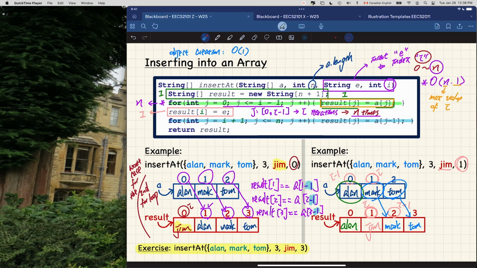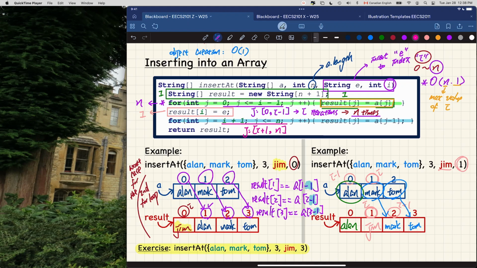Yes, that's true. But let's also work out the exact details. I agree. But let's now take a look. If you look at the loop counter over here, the j value is going to be from I plus 1 all the way to n.